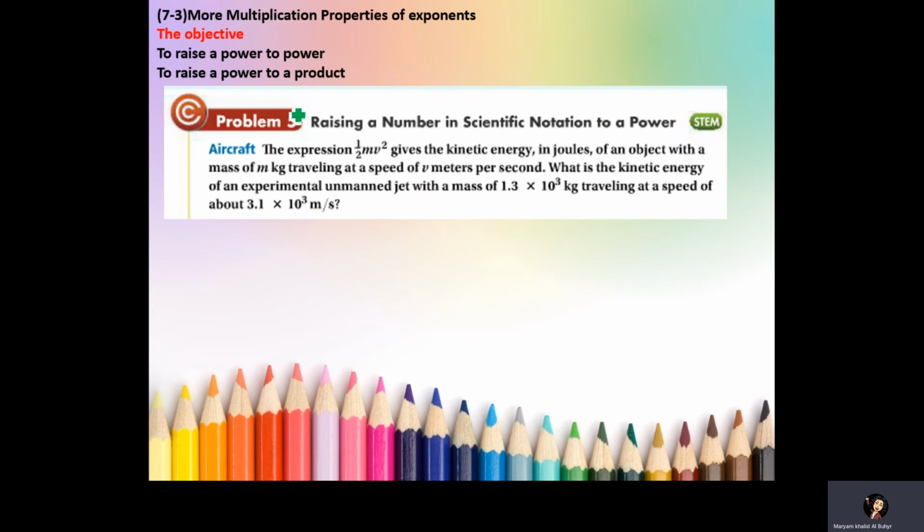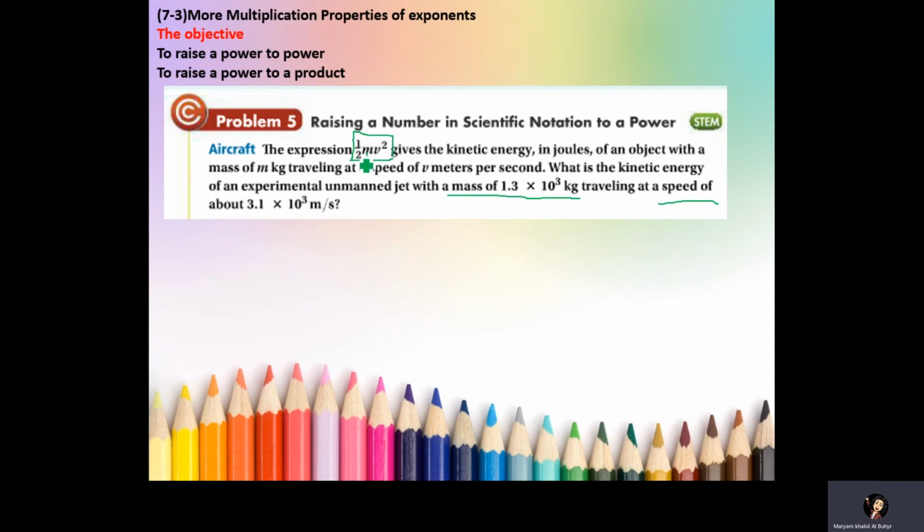So if you have an expression like this, it represents the energy in physics, where m represents the mass and v represents the velocity, which is the speed. The mass is given as 1.3 times 10 to the power 3 kilograms, and the speed is given as 3.1 times 10 to the power 3 meters per second.